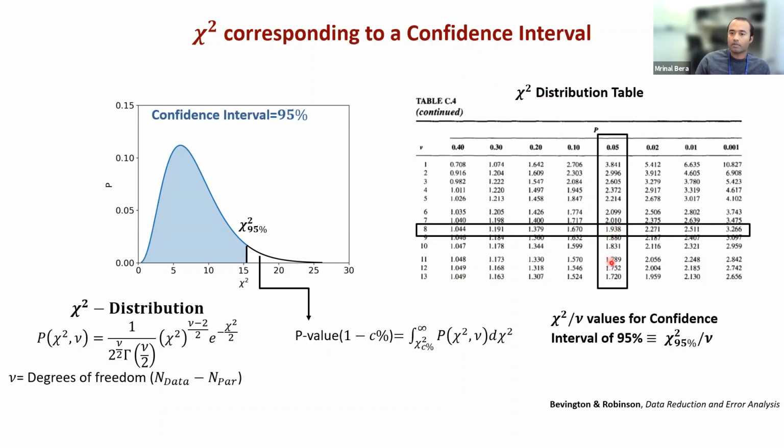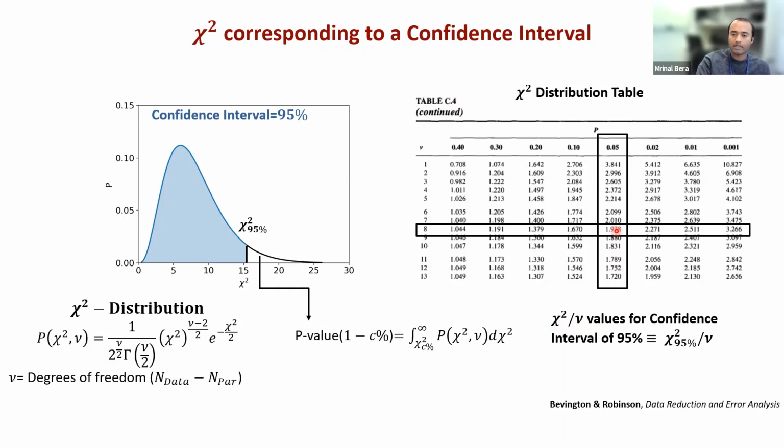Here the chi-square distribution table is normalized by the degrees of freedom. So really you have to multiply the degrees of freedom with the value we are getting here. In this case, 8 multiplied by 1.932, which is very close to around 15-16 chi-square value.